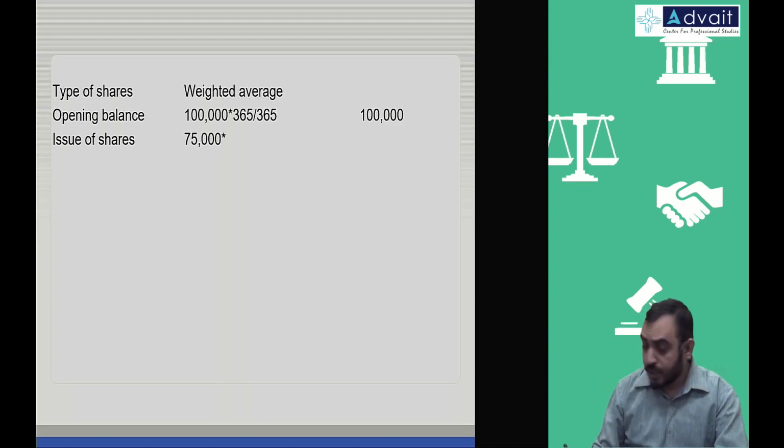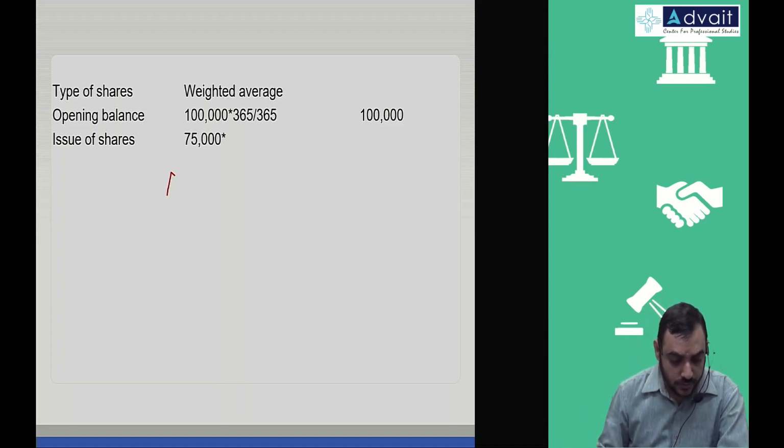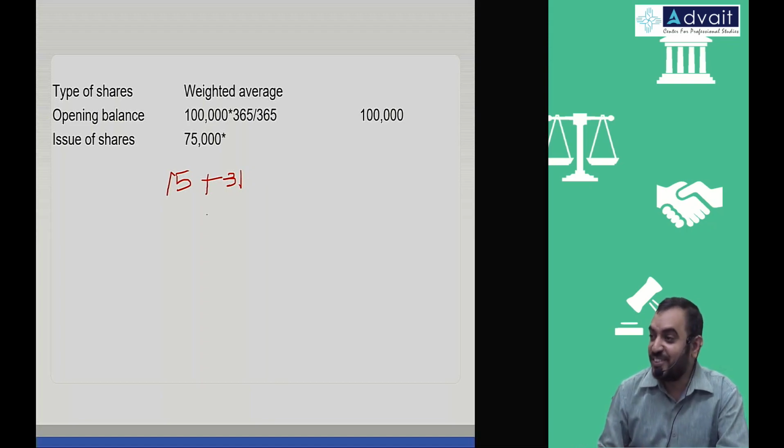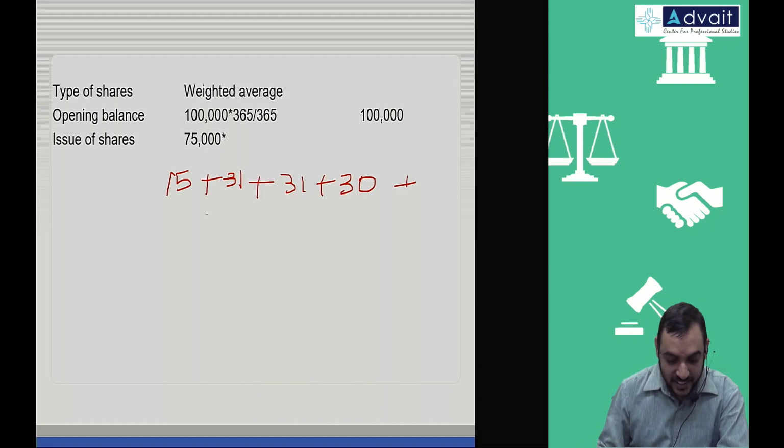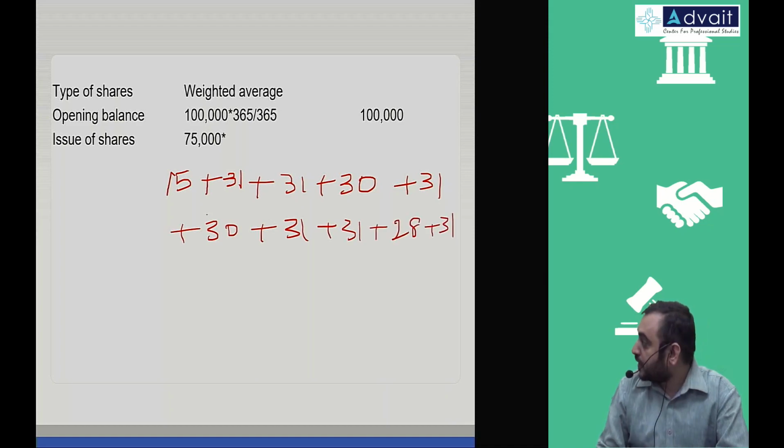Okay, so how many days? If I just count it: in June 15 days, in May 31... 15 days, I think it is 30 days in June, no? There's no confusion there. July 31, August 31, September 30, October 31, November 30, December 31, January 31, February 28, and March 31.